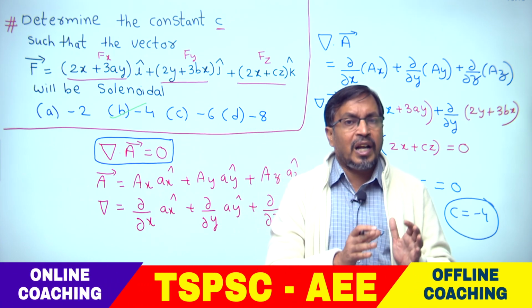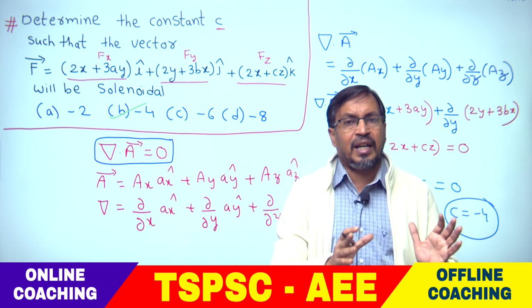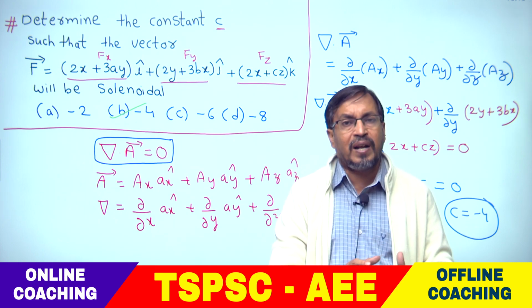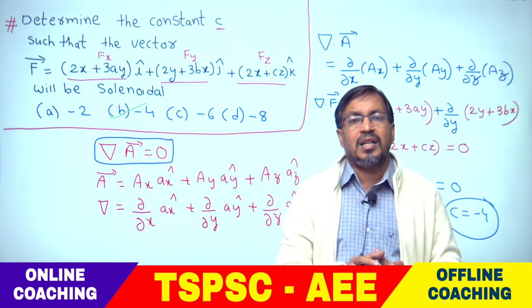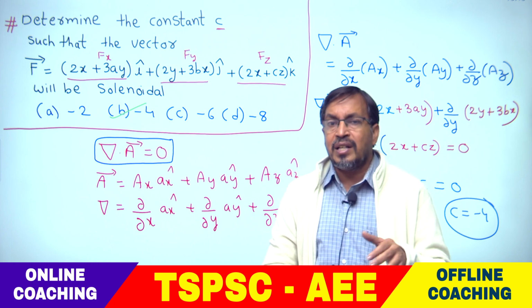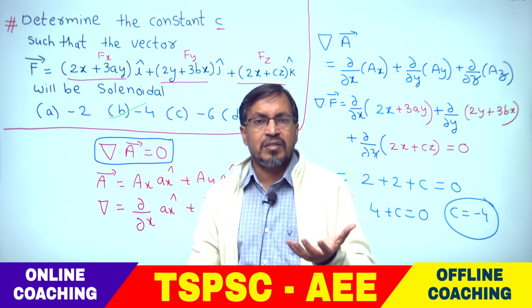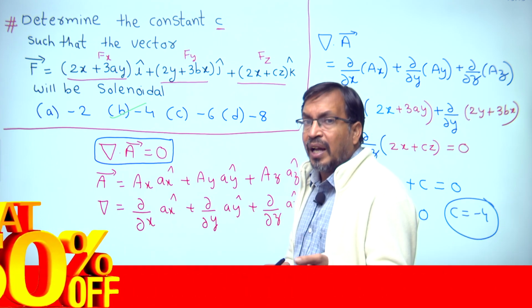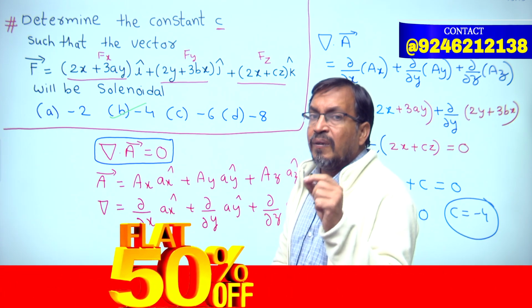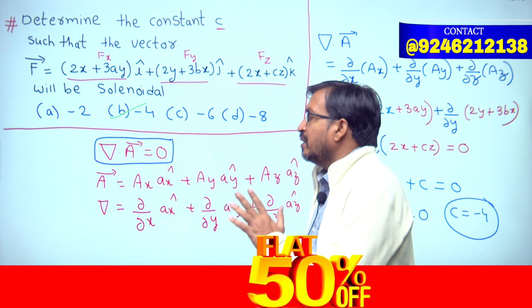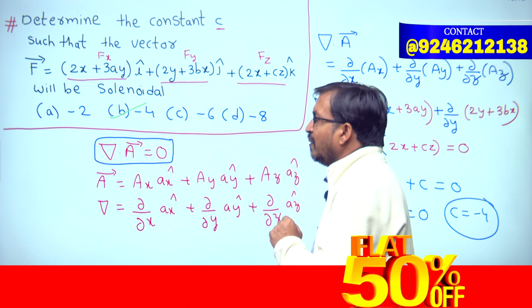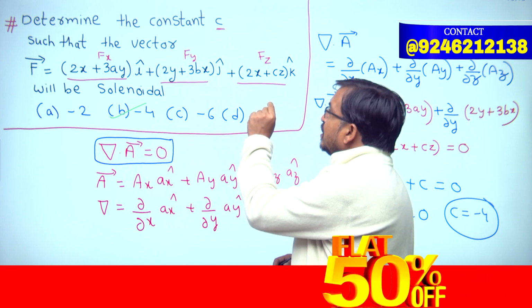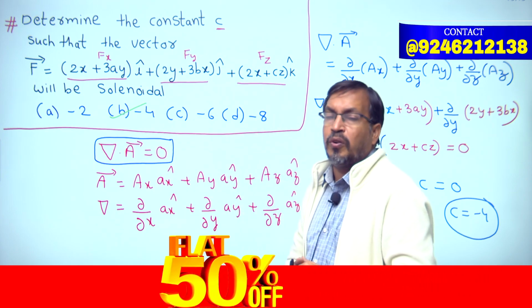Sometimes they will ask for divergence directly, giving a vector and asking the divergence value, but most of the questions ask if it is solenoidal. If it is solenoidal, the divergence equals 0. So when divergence equals 0, they will ask for one constant only. Here they asked C, and the answer is minus 4.